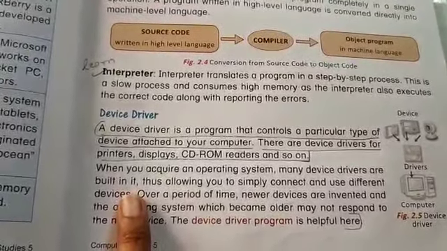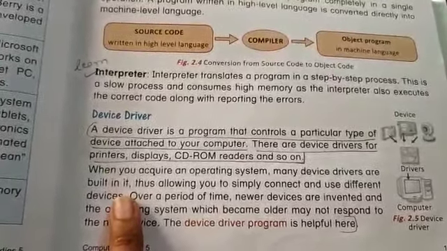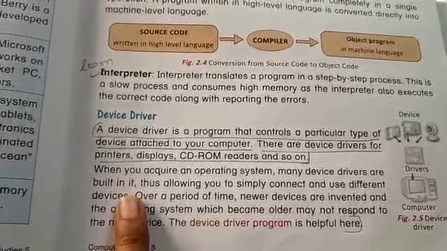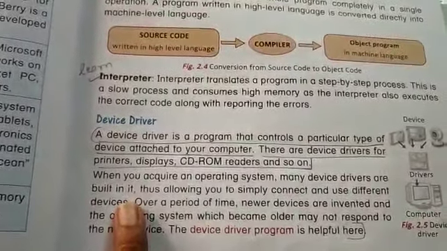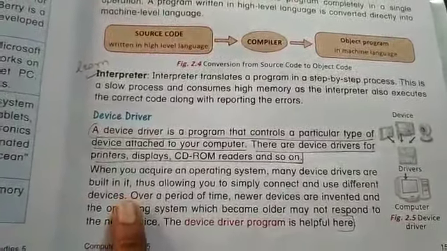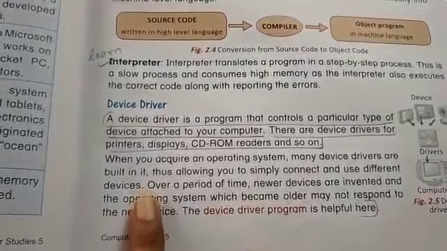Like you have seen in your phones also that some things are inbuilt. Some pictures, some themes are inbuilt. But other than that, we have to connect the different device or we have to download it.